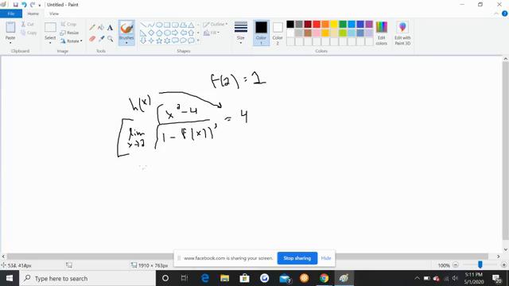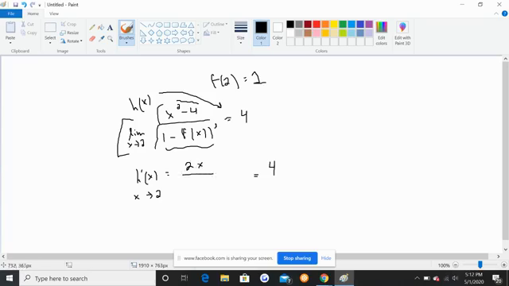So that means taking the derivative of this part of the quotient and this part of the quotient as x approaches 2 should also equal 4, and that means we could solve for f prime. The derivative of x squared minus 4 is just going to be 2x, correct?